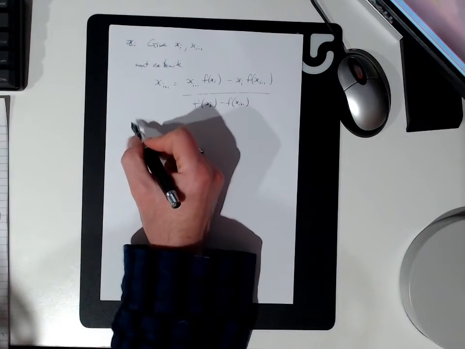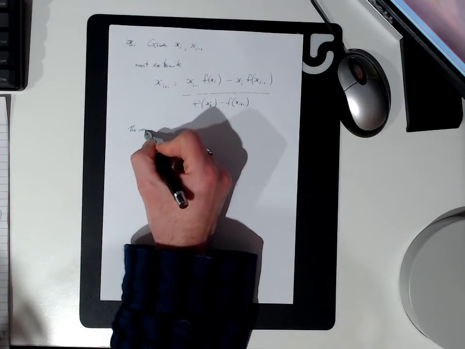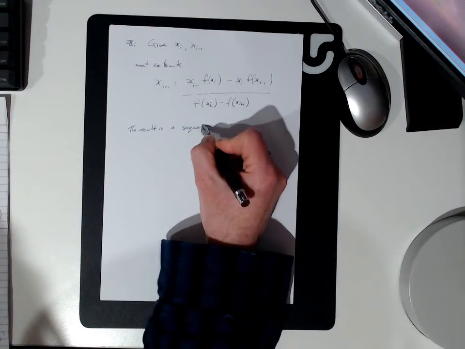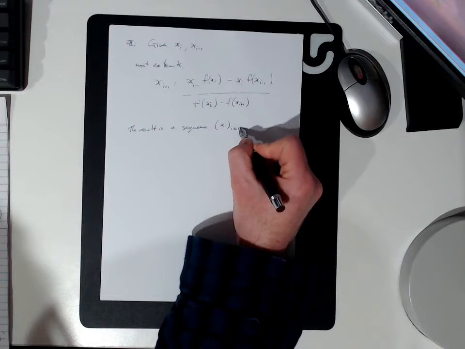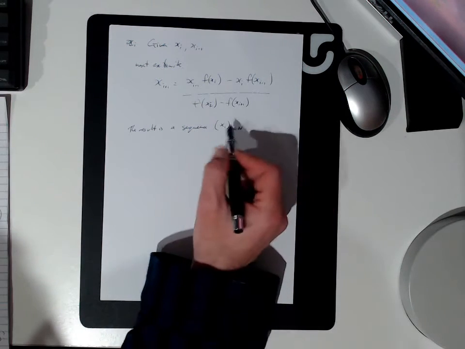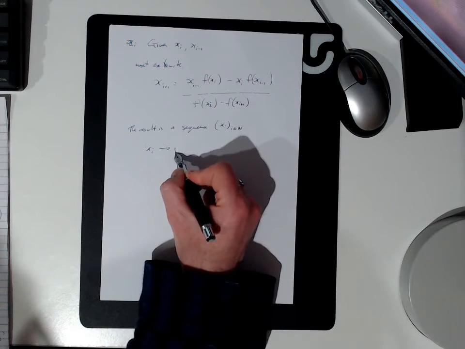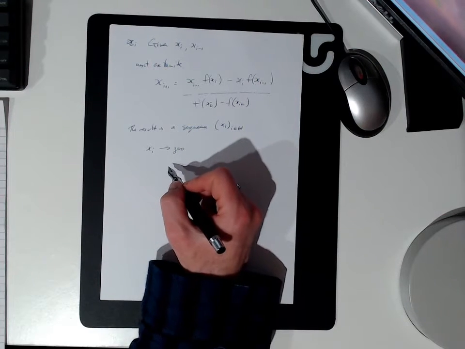So we get a sequence. And essentially, the sequence must converge to the 0. We have to prove that, of course.